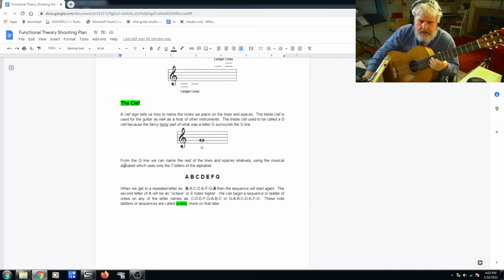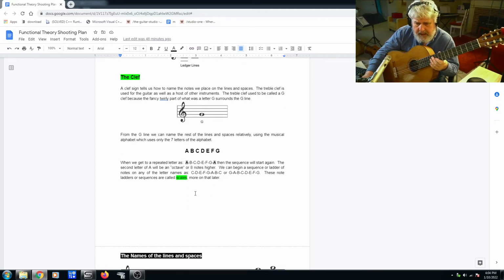Okay. So from the G line, we can name the rest of the lines and the spaces relatively. So, of course, after the G, we would have an A, or before the G, we would have an F, and so on. This is the way all scales work.